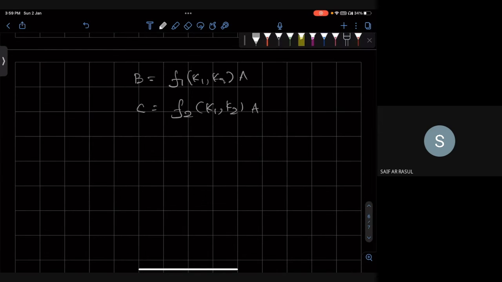Therefore, we are allowed to choose A to be 1 over square root of 2 pi. But that means that we don't have any freedom in choosing B and C. Okay? So let's do that.